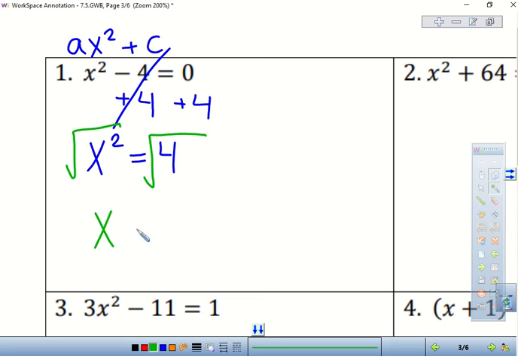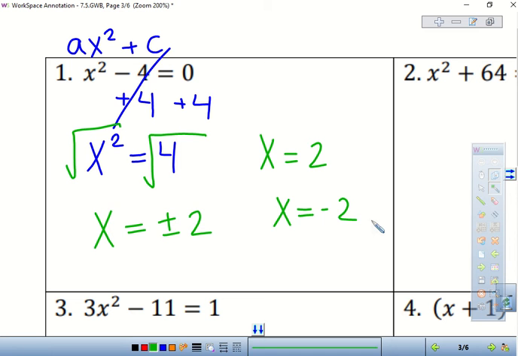And when you do that, you end up with x equals, not just 2, but plus or minus 2. So we end up with a positive 2 and a negative 2. I'm going to talk about why that's the case. These are values that could be x, that would make the statement true.